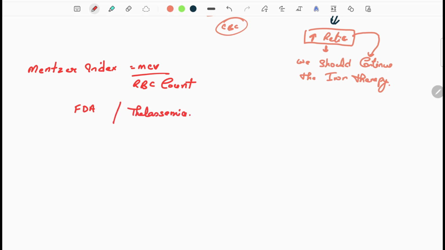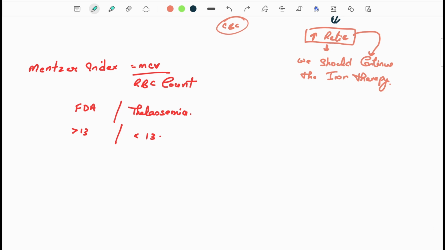So if it is greater than 13, it is iron deficiency, and if it is less than 13, it is thalassemia. So how to remember this? Iron deficiency anemia, the word is very big, so the index is also greater than 13. If we compare thalassemia to iron deficiency anemia, the spelling is small, so it is less than 13. If you want, you can remember it like this.